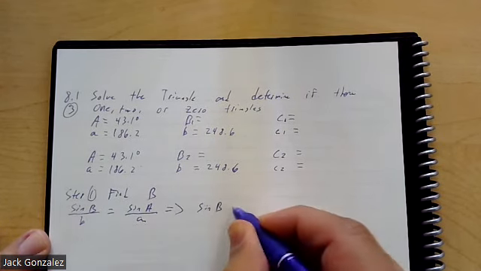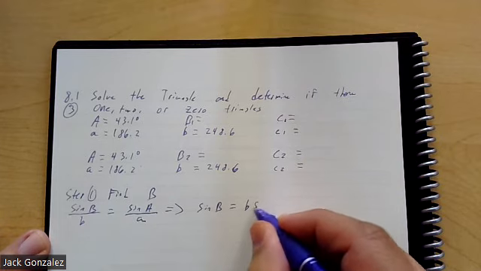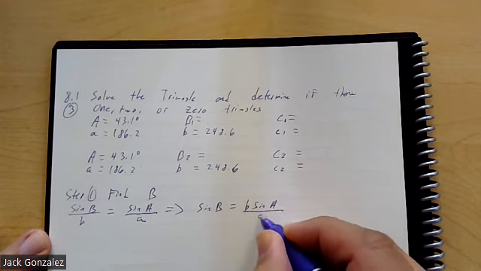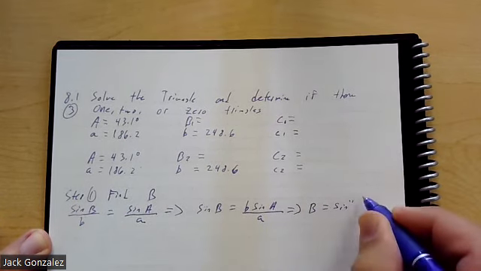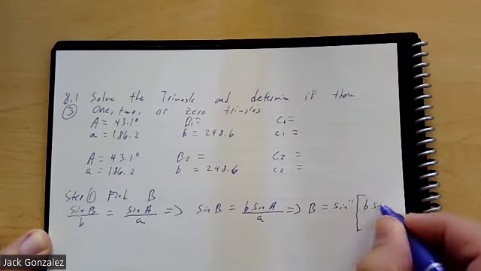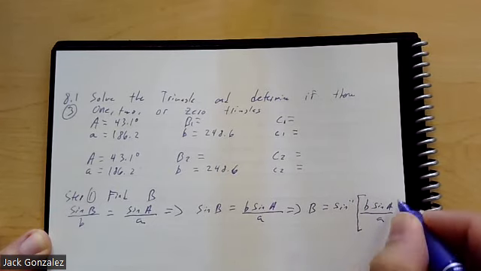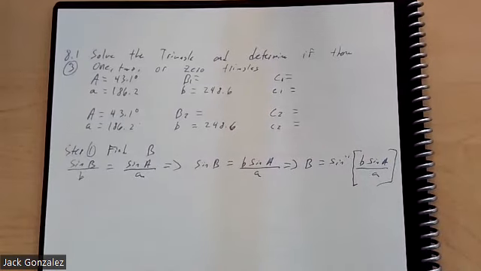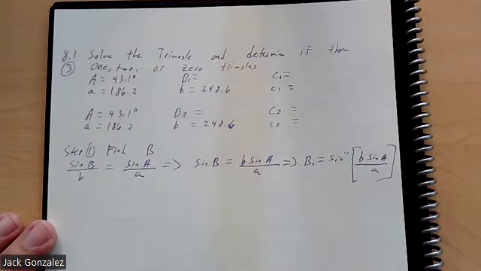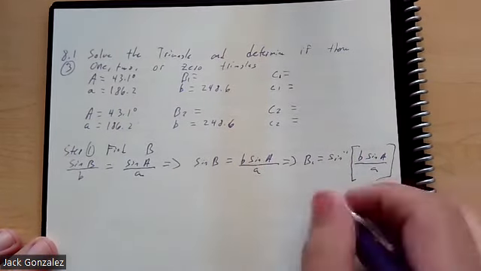We get to here by multiplying by little b, and then introduce the inverse, which will cancel the sine. That gets us to here. So this is going to be B1, technically, but we'll worry about that in a second.